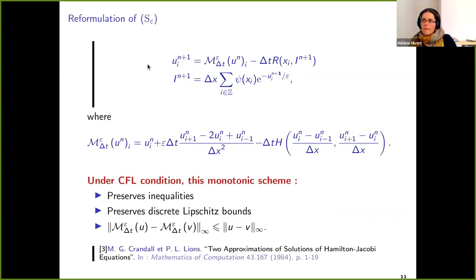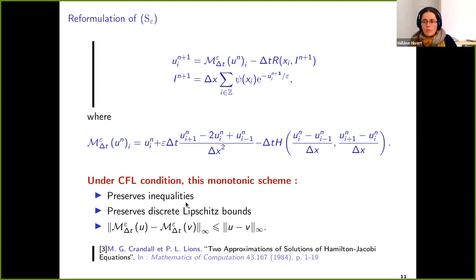Well, to prove it, the idea is to reformulate the scheme by taking apart this quantity. I give its expression here, and it is in fact the monotonic part of the scheme. And if you take this monotonic part of the scheme apart, it's because the monotonic schemes have very nice properties.